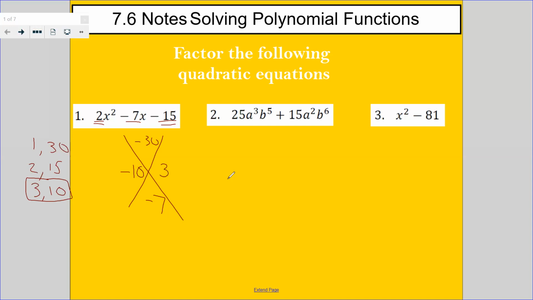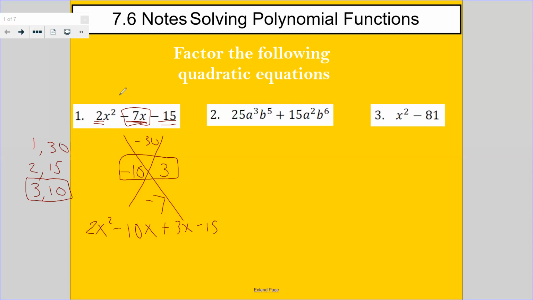Okay, and then remember, I'm using these values to split up this middle number here. So I'd have 2x squared minus 10x plus 3x minus 15. So notice the middle numbers, if I did negative 10x plus 3x, it would still be the same as this value that I had here of negative 7.